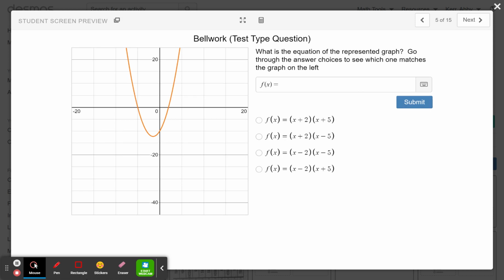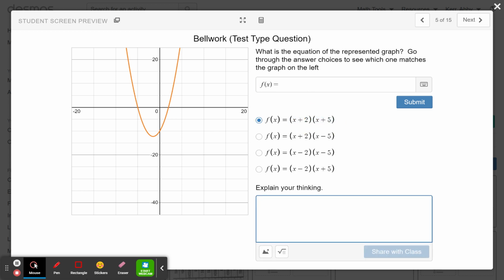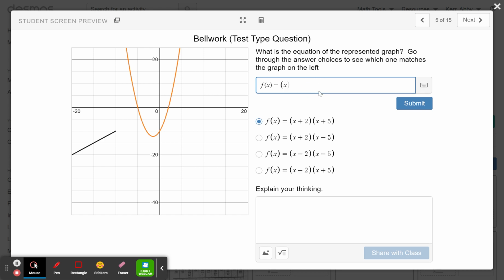And lastly, what is the equation of the represented graph? Go through the answer choices to see which one. So just copy and paste until you get the line. Nope, not quite. I'm going to change this one to answer choice B, see what I get.